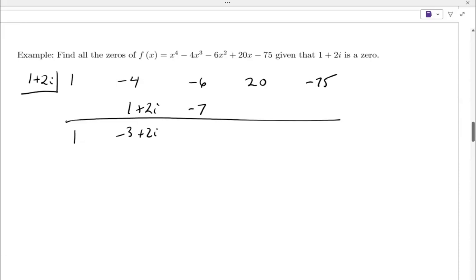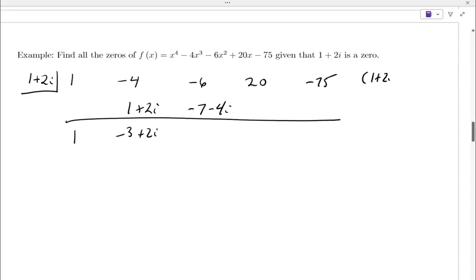And then we'll have plus 2i minus 6i when I do the outer and inner terms, if you think about FOIL, right? 1 times 2i is 2i. 2i times negative 3 is minus 6i. So we should get negative 4i. Again, if you need to write it out to the side, please do.